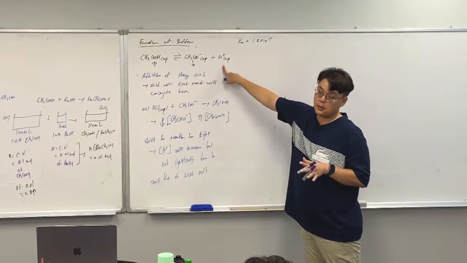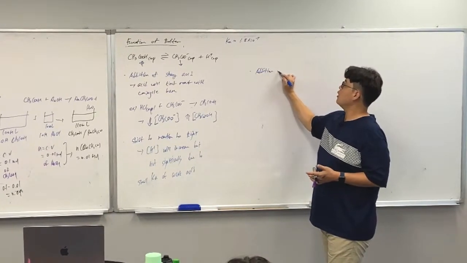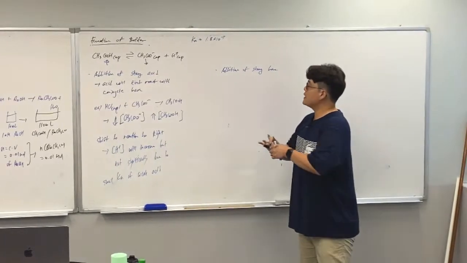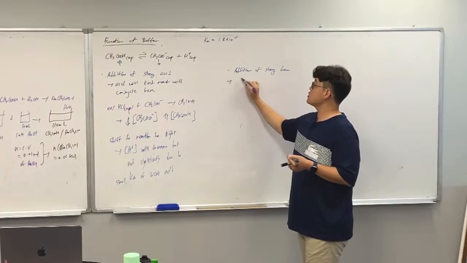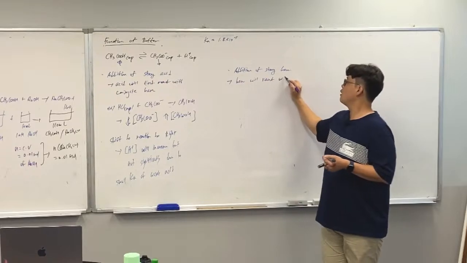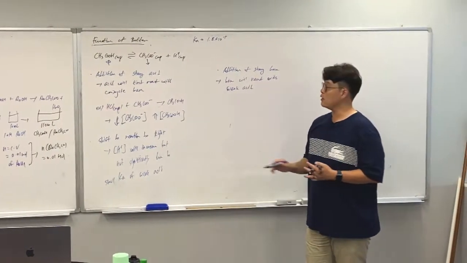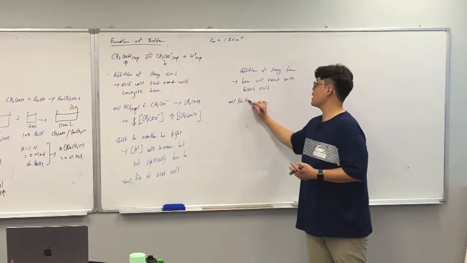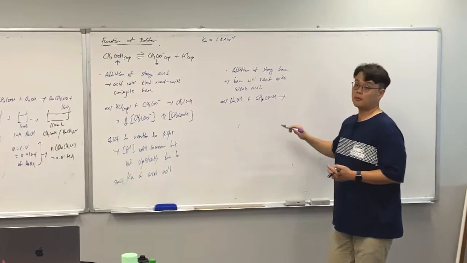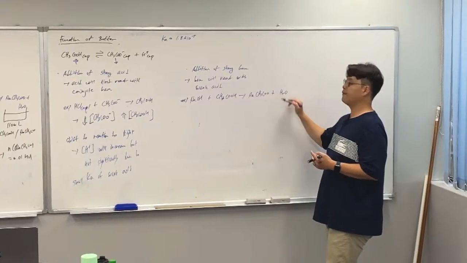Then what about the addition of a strong base? Let's give more details about this. The base will react with the weak acid, which means sodium hydroxide comes into that system and will react with the acetic acid, producing sodium acetate and leaving the water.